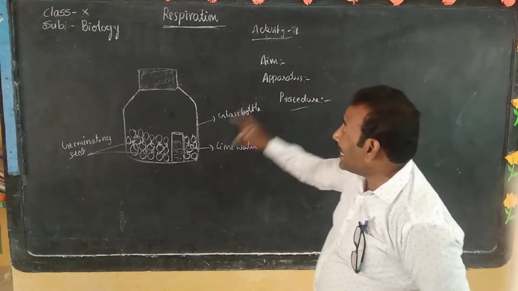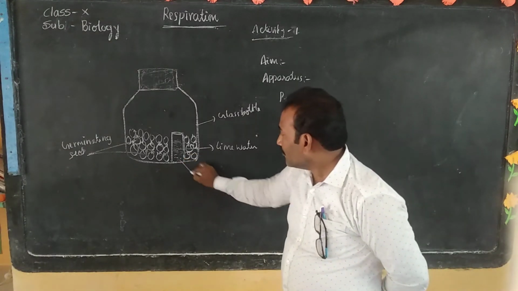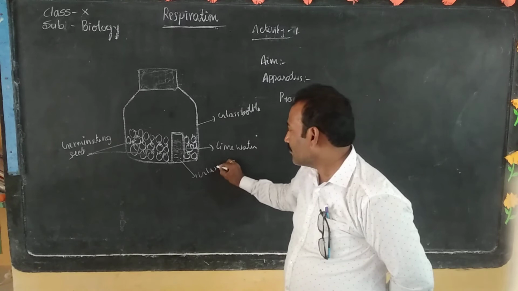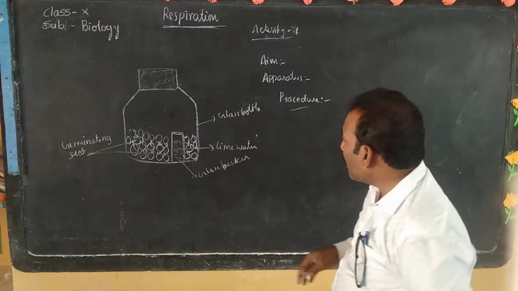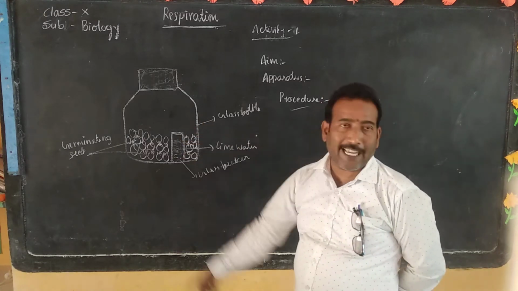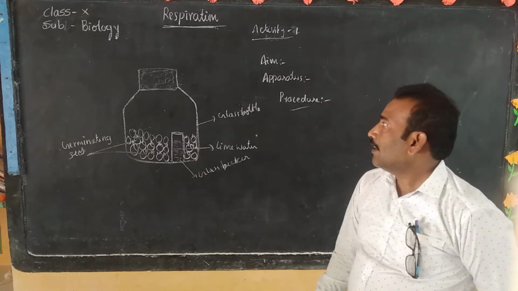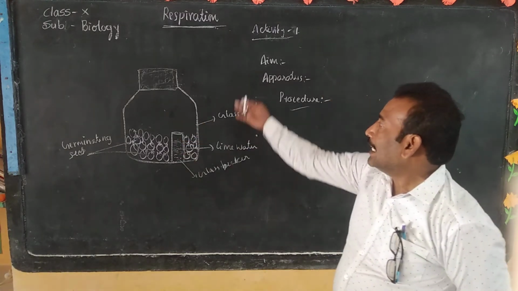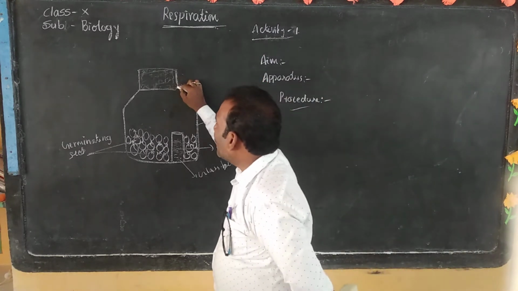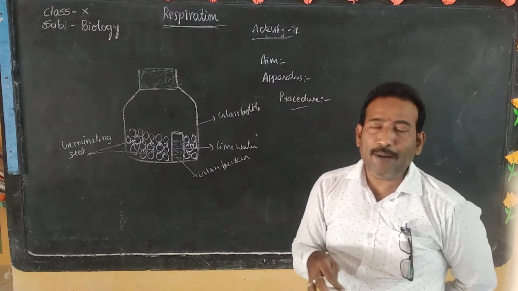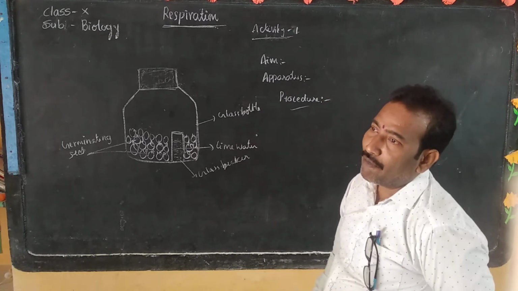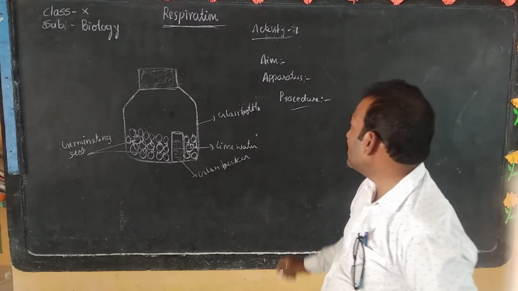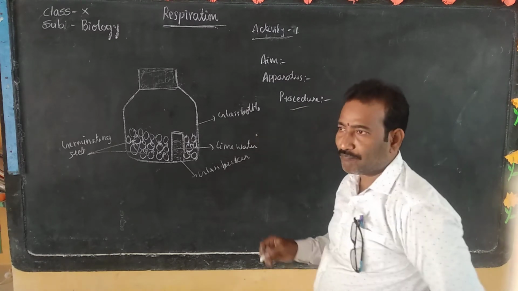Then take one glass beaker and pour a few ml of lime water into it. Then fix the rubber stopper to the mouth of this wide mouthed glass bottle. Keep this entire apparatus on the table without disturbance for 1 to 2 days. That is about the procedure.